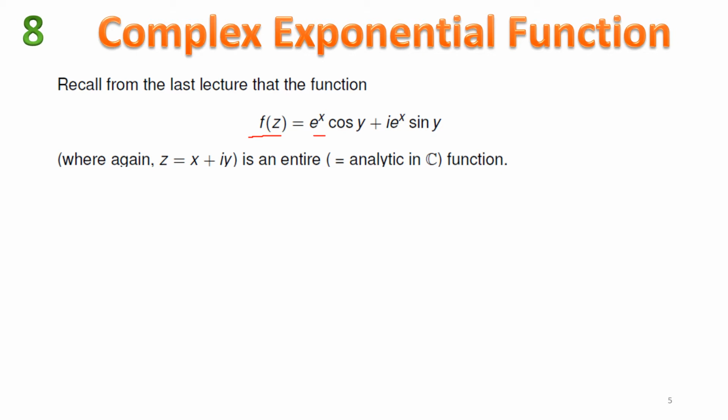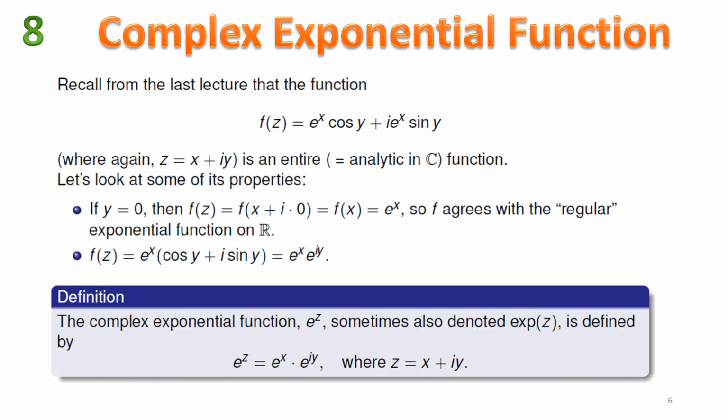So here the basic variable z is a complex variable that can be written as z is equal to x plus iy. So this is an entire function, as we have seen. In fact, it is an analytic function for the entire domain of complex numbers.